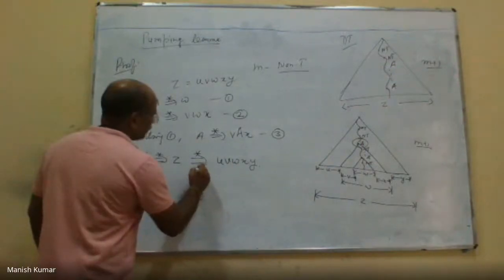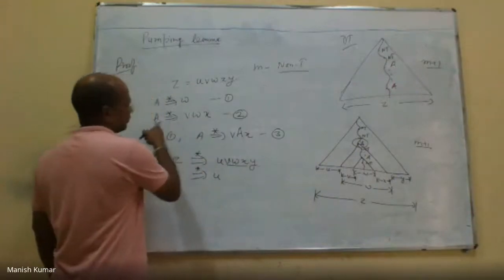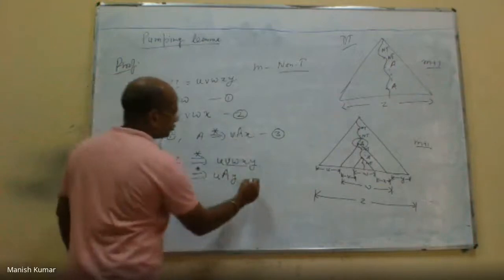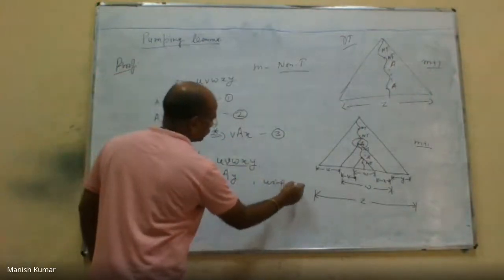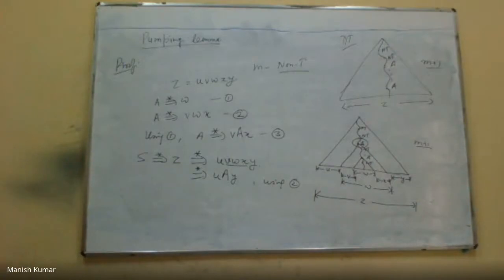Certainly, I can write this as u, and this part as A, so u A y using 2. I can write it like this using A y.